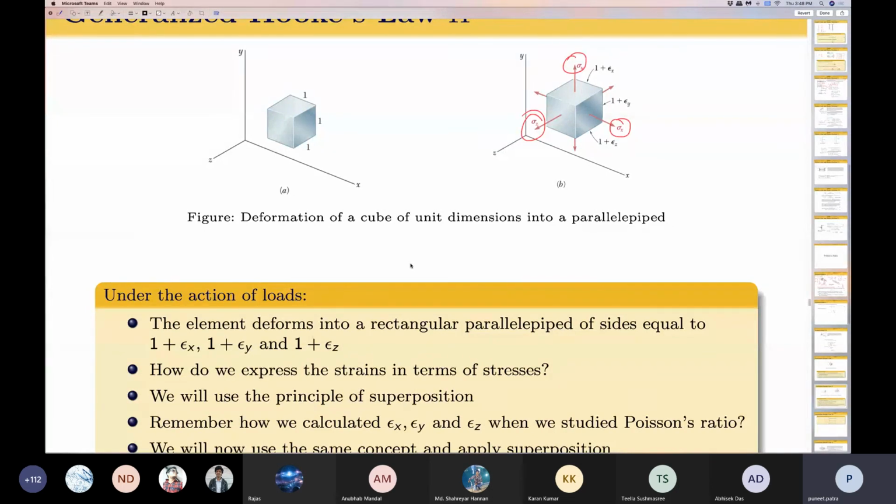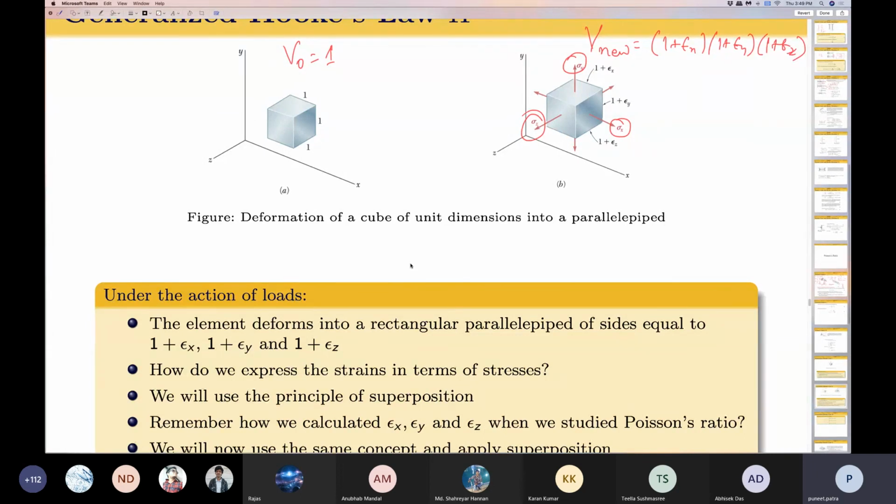Under such a scenario, we are going to have epsilon x, epsilon y and epsilon z, and we have also shown from the generalized Hooke's law what epsilon x, epsilon y and epsilon z are. So if the initial volume is V naught, I can compute the new volume, let's call it V new, as 1 plus epsilon x, 1 plus epsilon y, 1 plus epsilon z.